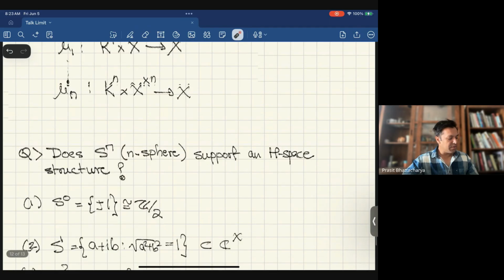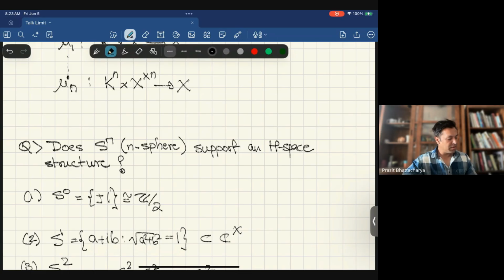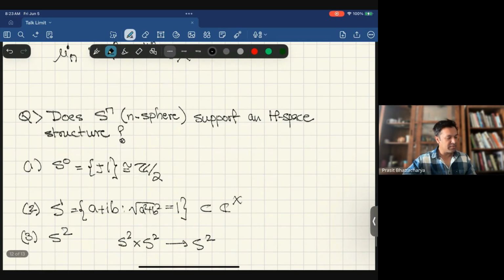How about S^1? S^1 also has a multiplication, because you can think of this as sitting inside the complex numbers as unit length complex numbers. And so it gets a multiplication.